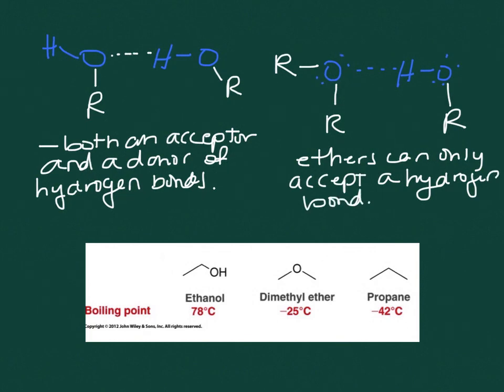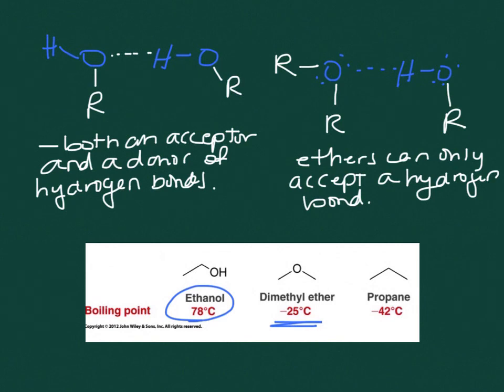As a result, when you look at the trends in boiling point, ethanol has a much higher boiling point than dimethyl ether. If you look, the boiling point of dimethyl ether is almost as low as the boiling point of propane.